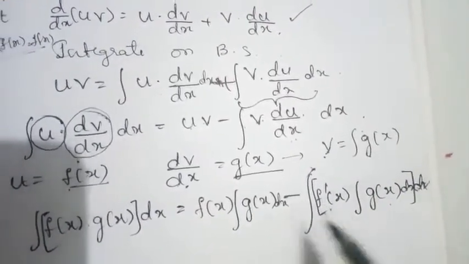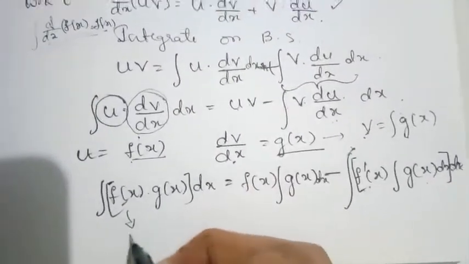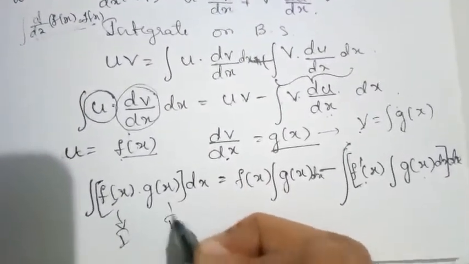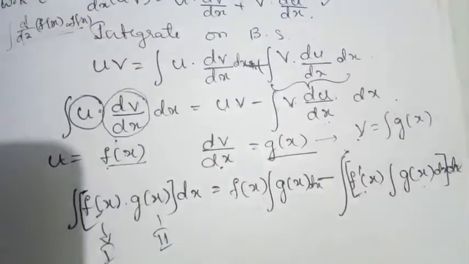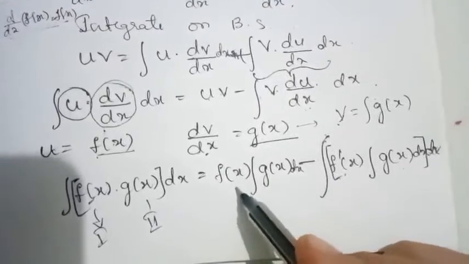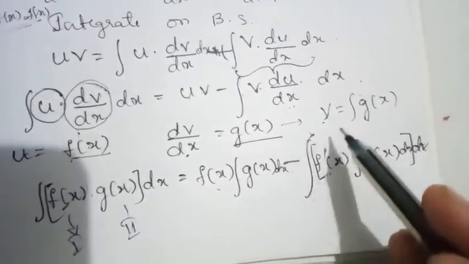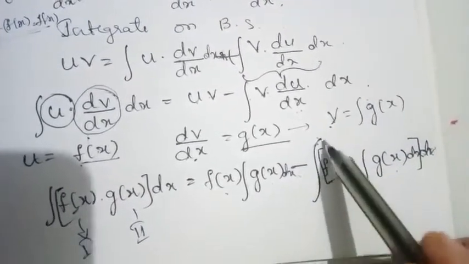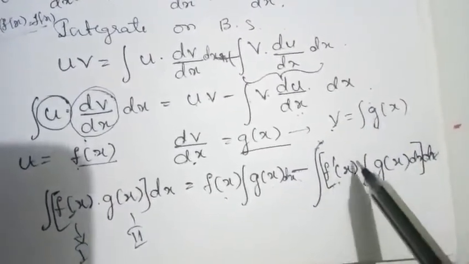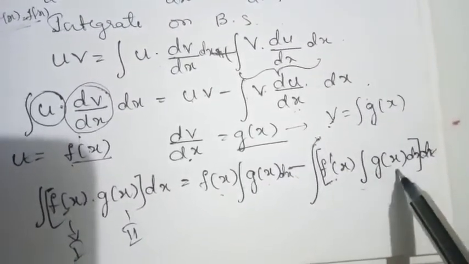If I call this the first function and this the second function, then integration of first function into second function is equal to the first function into integration of the second function, minus this whole integral, which is the differentiation of the first function into integration of the second function.